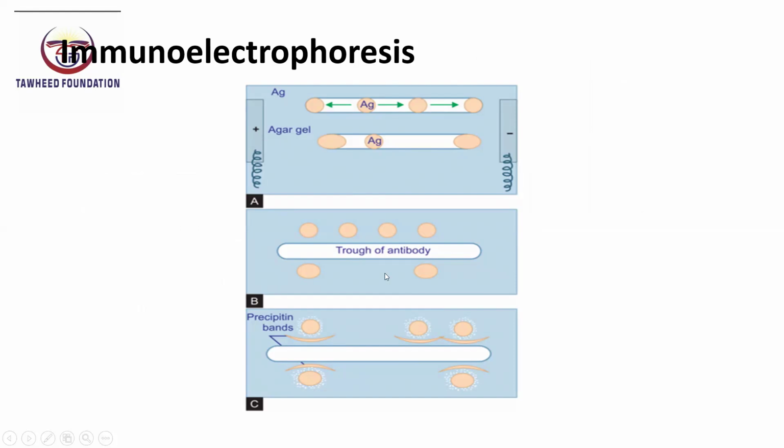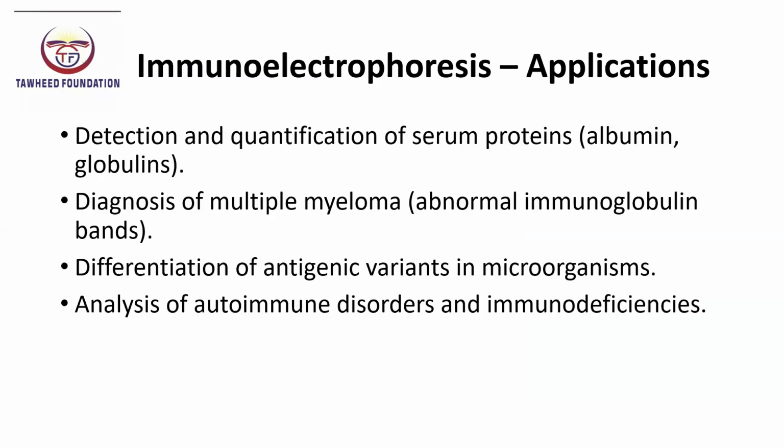So second part, a trough is cut into the agar between the wells and filled with antibody. See, third part, a curved precipitin band forms where antigen and antibodies diffuse to meet and react. So this is the schematic representation of electrophoresis, which is important for exam purpose.